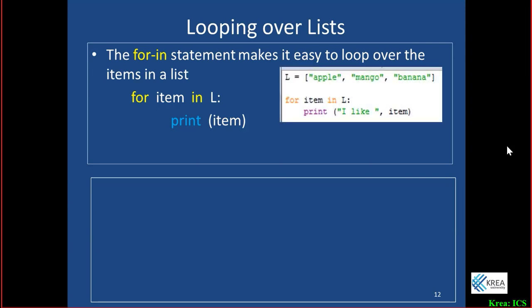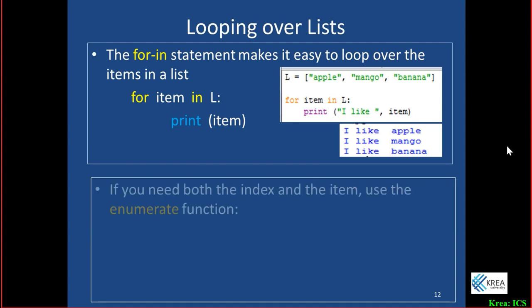For example, let's say L is a list having 3 elements: apple, mango and banana, and you can use a for loop over the list like for item in L: print I like item. So you will get the output as I like apple, I like mango and I like banana. This is how looping can be done over lists using the for-in statement.